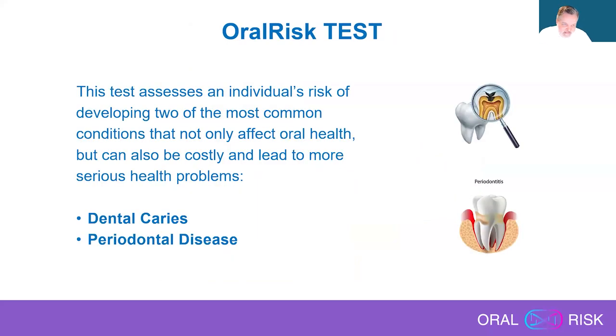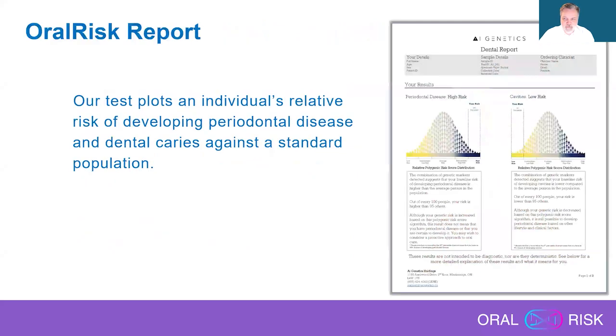What this test does is assess the individual's risk or profile in developing two of the most common conditions. These are, as you've heard, dental caries, as well as periodontal disease, which you know very well.